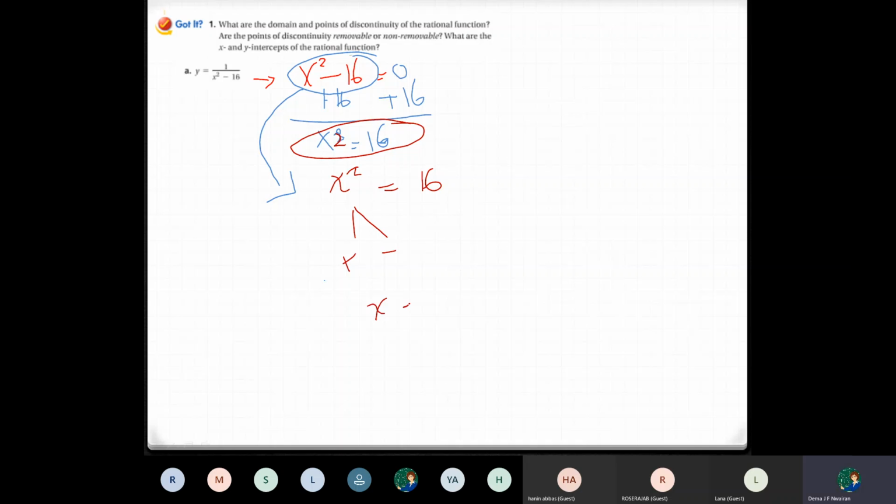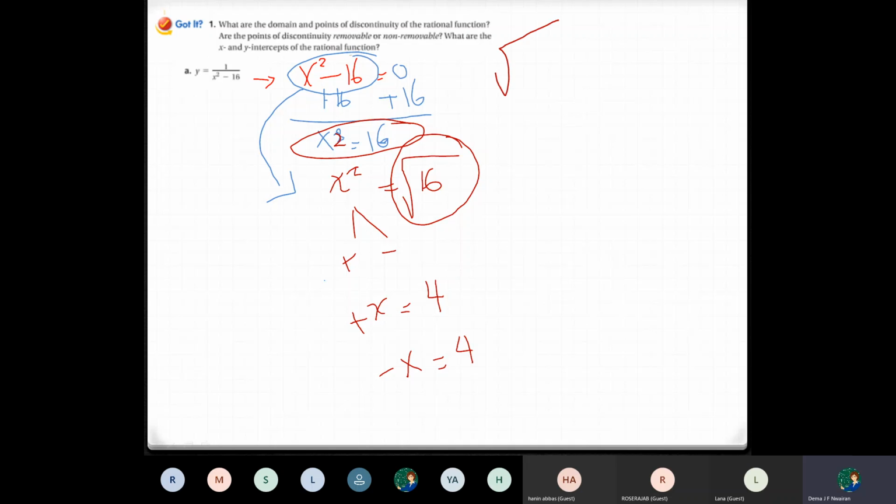So x could be, what are the square roots of 16? What is the square root of 16? It is 4. I told you that positive x could be 4, and negative x could be 4 also. Because the square root of 16 is only 4.